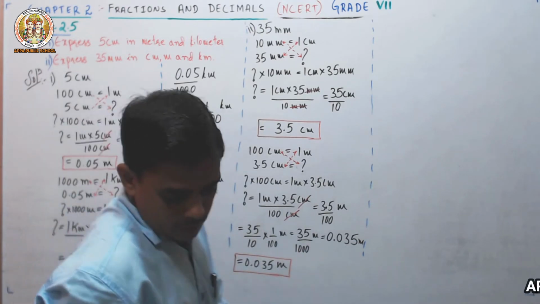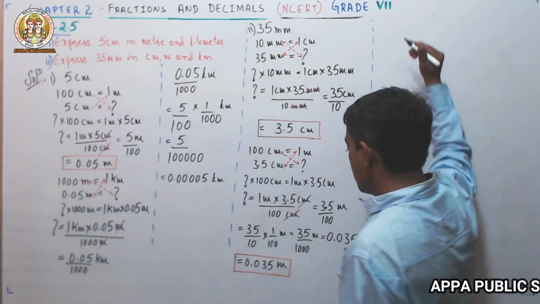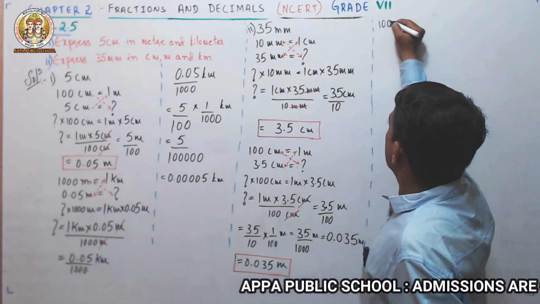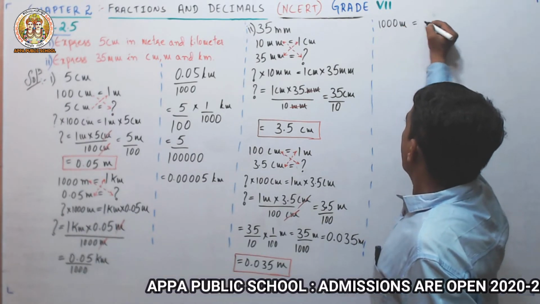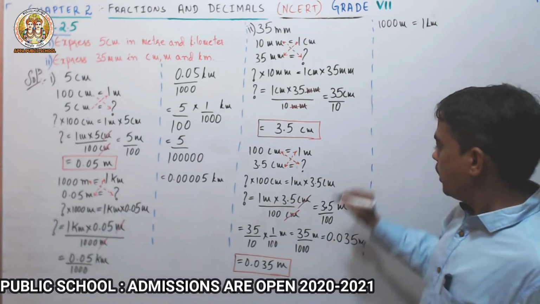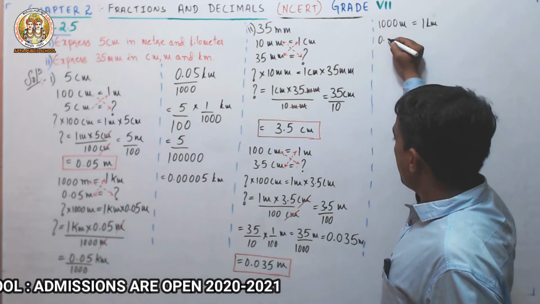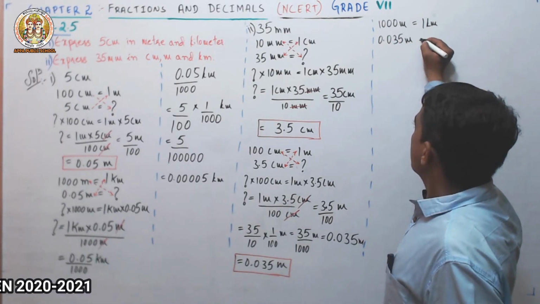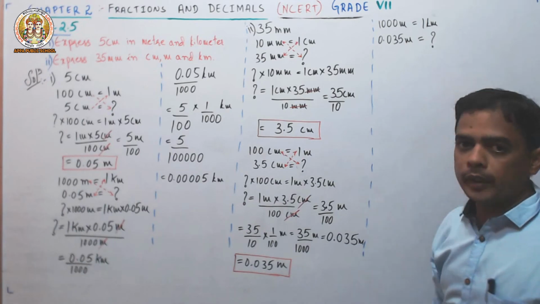Right. Next. So what will I do here? We know that 1000 meters is equal to 1 kilometer. Next I have to convert this 0.035 meter into how many kilometers?